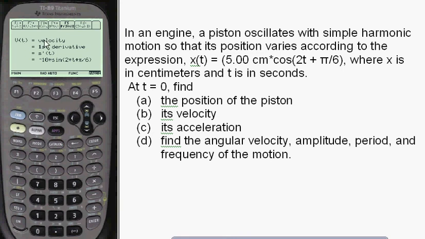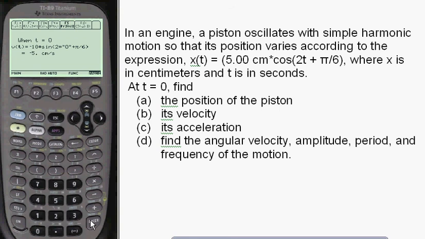Velocity in calculus is the first derivative of the function s of t, in this case x of t, and turns out to be minus 10 times sine of 2 times t plus pi over 6. At t equals 0, you substitute 0 for t, do the calculations, and it comes up with minus 5 centimeters per second.